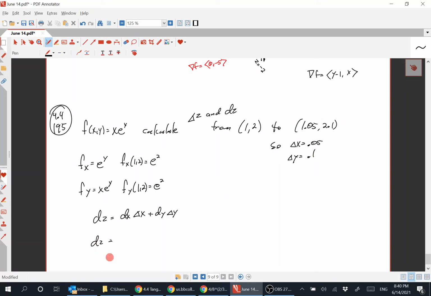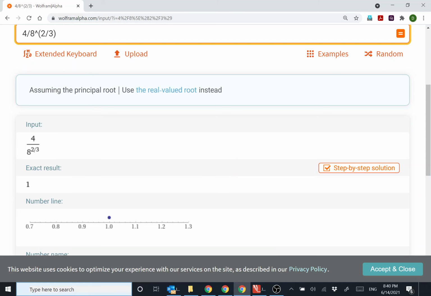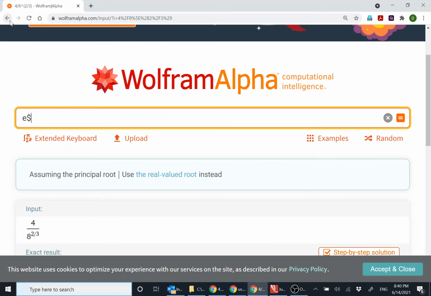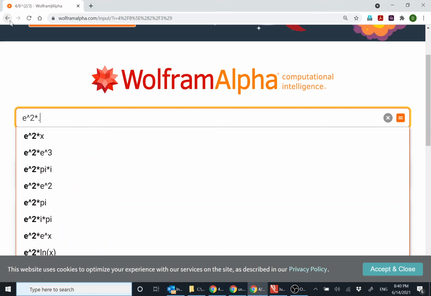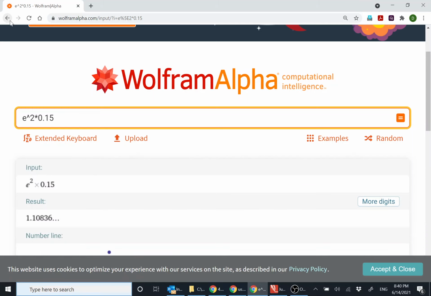So the linear approximation change in z is e squared times 0.05 plus e squared times 0.1. So that's equal to e squared times 0.15, which is approximately equal to what? So e squared times 0.15, so 1.1083.